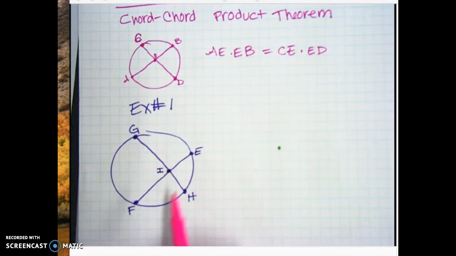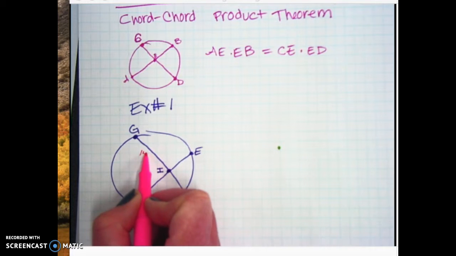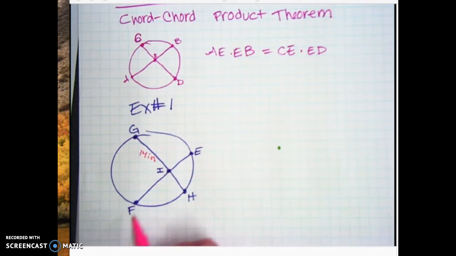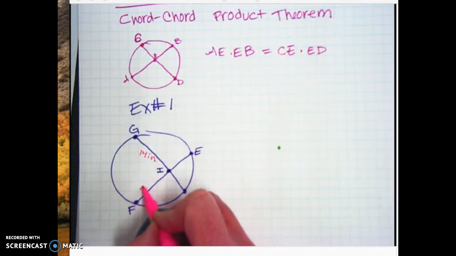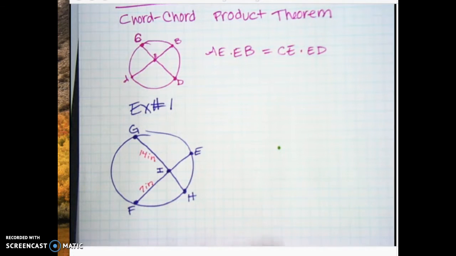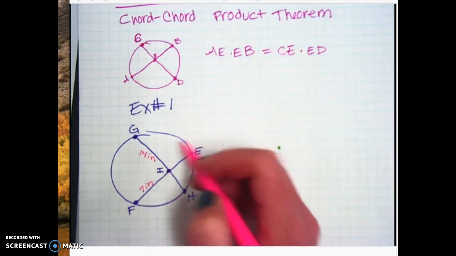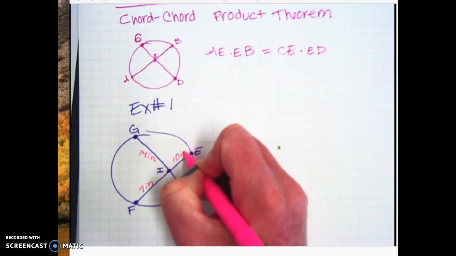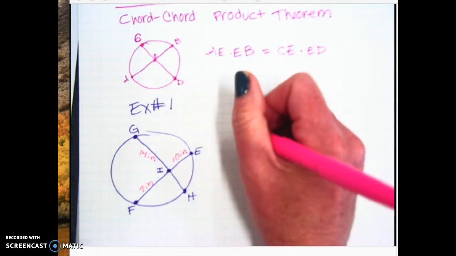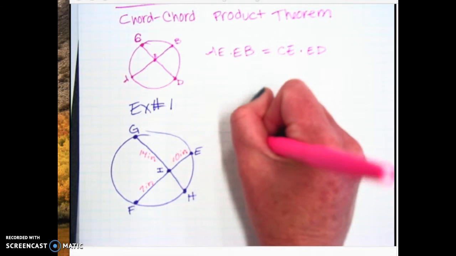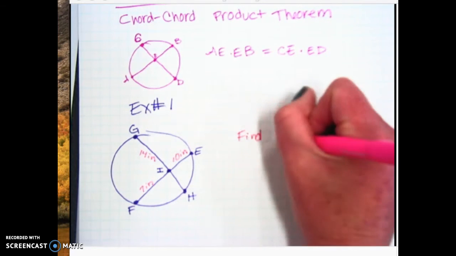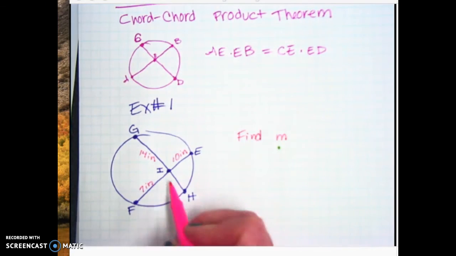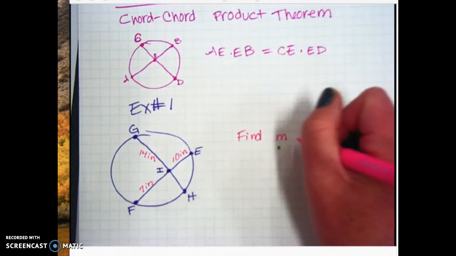From G to I is going to be 14 inches, and from F to I is going to be 7 inches, and from I to E is going to be 10 inches. So we're going to find the measure of the one that's missing, right? HI.